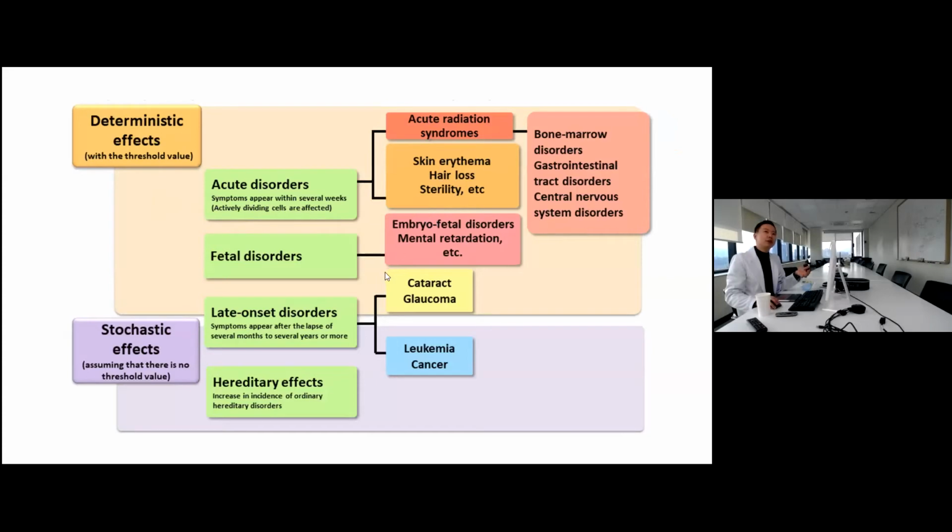However, there can also be late onset deterministic effects, such as cataract or glaucoma. And stochastic effects are known to be hereditary effects, leukemias or cancers.